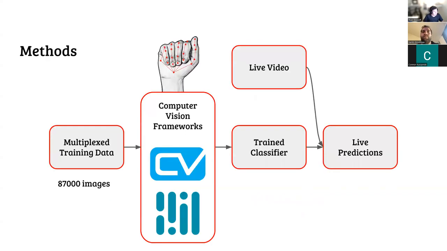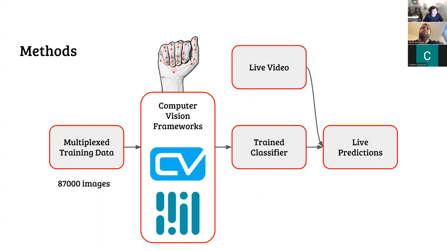So going into the methods really quickly, we started with multiple training data sets. Our initial data set was substantially smaller, and it took a while to find this one, but we ended up finding one based off of a Kaggle competition. We then used 2 computer vision frameworks, namely CVZone and MediaPipe, which are based off of OpenCV as low-code alternatives that make generating a trained classifier substantially easier.